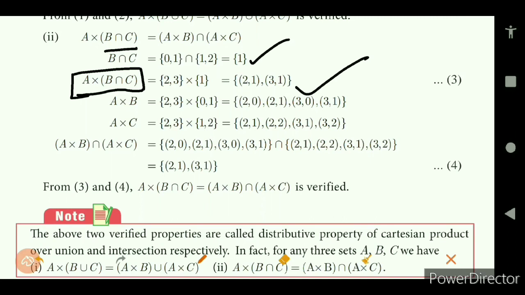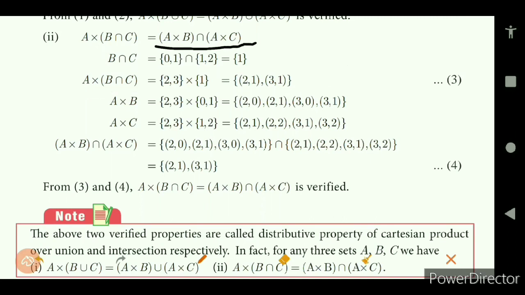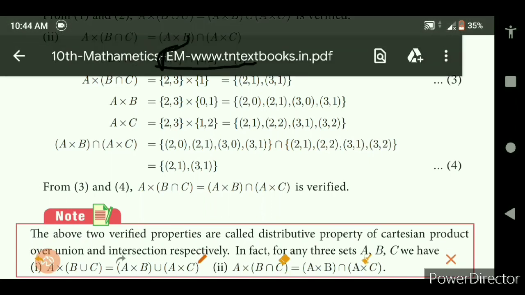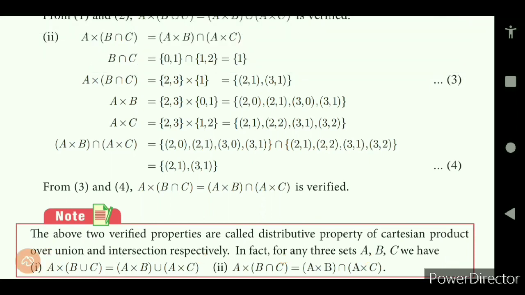See the right side, A cross B intersection A cross C. So first we should find the answer for A cross B, and then we need to find the answer for A cross C. In those sets, we should find what common things are present, the common things which are present in these two sets.